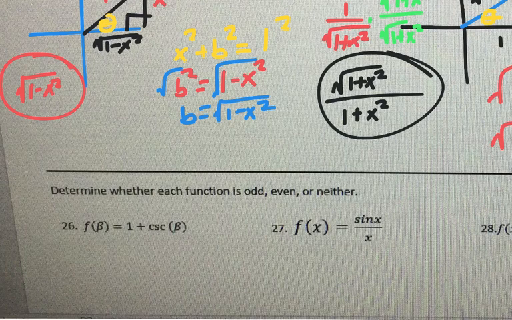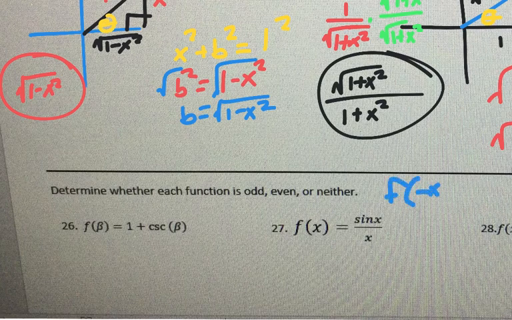Odd means it's symmetrical with the origin. Think about an x cubed function that goes through the origin. That's symmetrical with the origin. And then neither means it didn't have either one of those symmetries. So when we graphed it, we could tell if it had symmetry or not by looking at it. Well, these aren't graphed. So we learned another way to tell if a function was even or odd. And here it was. So let's just do a quick refresher.